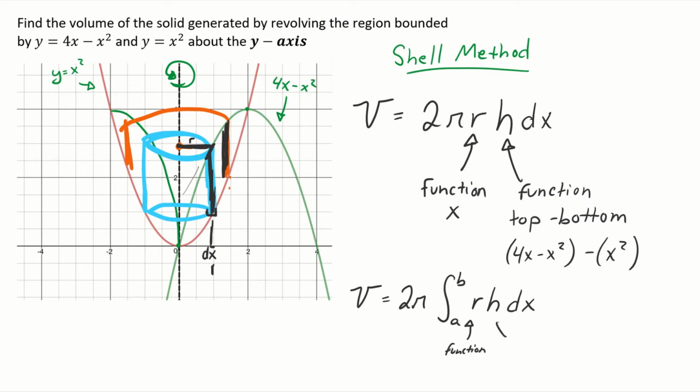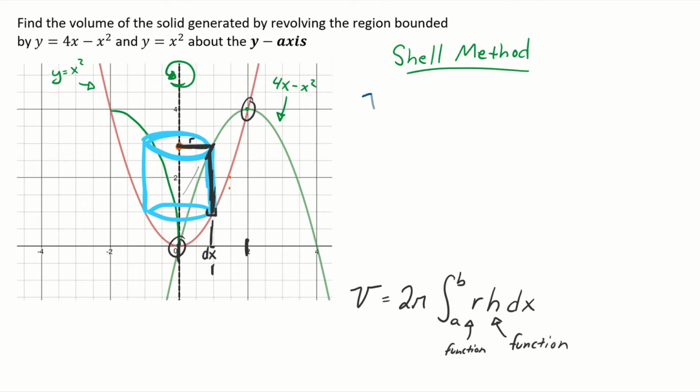This h, your height, is going to be a function. Okay, you can pull out the 2 pi because that's just a constant there, 2 times pi. And the integral a to b, those would be the two bounds of your region. So in this case, we're going to go from 0 to 2.